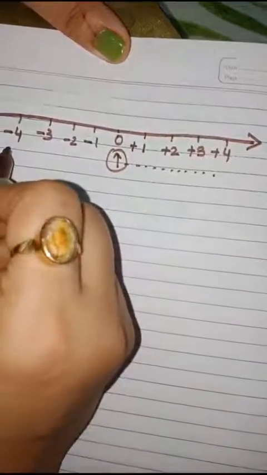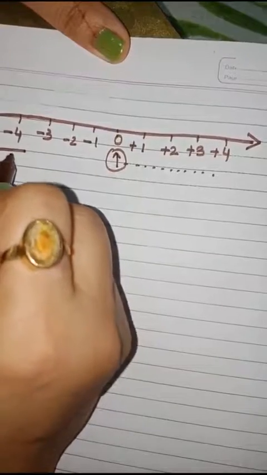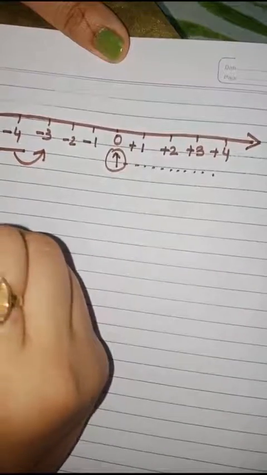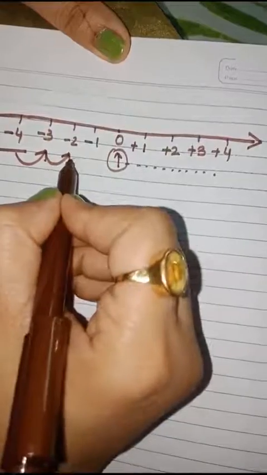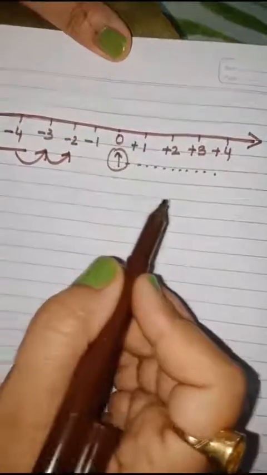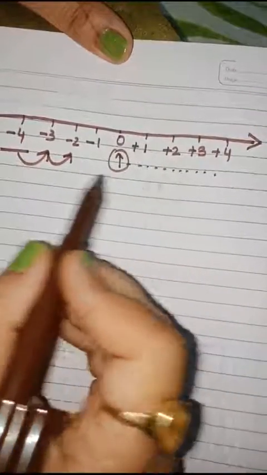If we are taking -4, the next number on the right is greater than -4, and the next of -3 on the right side is -2, which is greater than -3, and so it is also greater than -4. So an integer on the right side is greater as compared to the left side. You have to remember this.